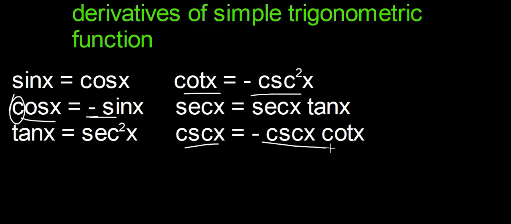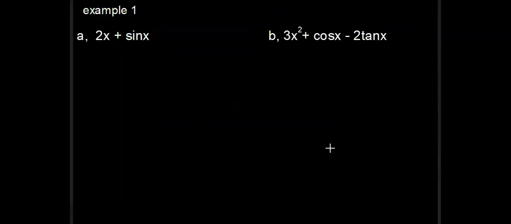Now let's implement all these formulas in questions. Okay, so the first question says 2x plus sin x. It's so easy. We can take the derivative of this one. The derivative of 2x is, as you know, just 2.